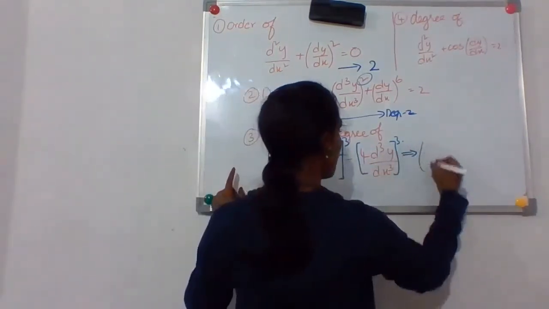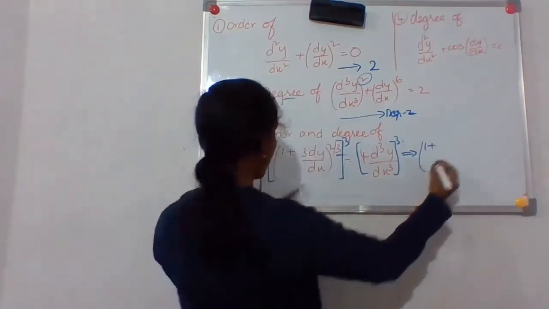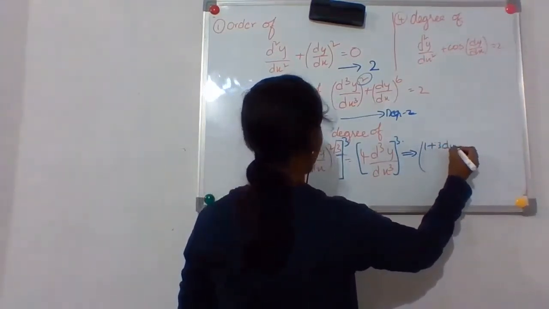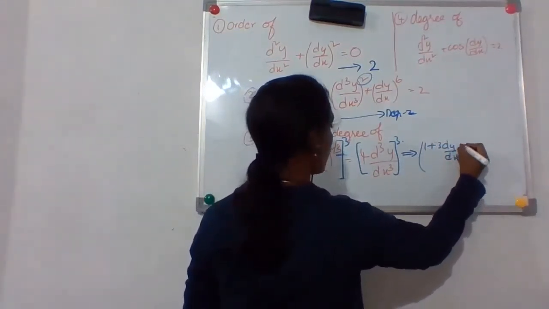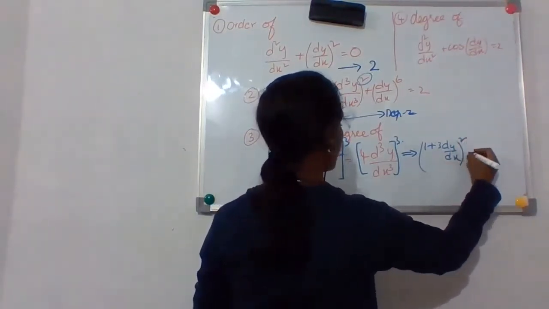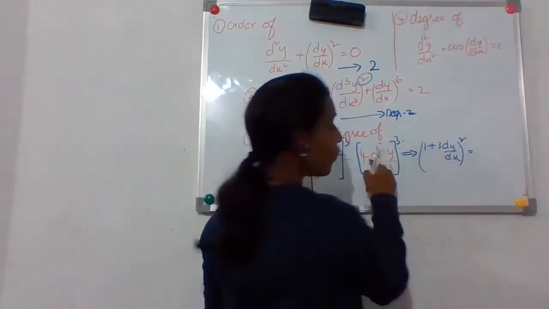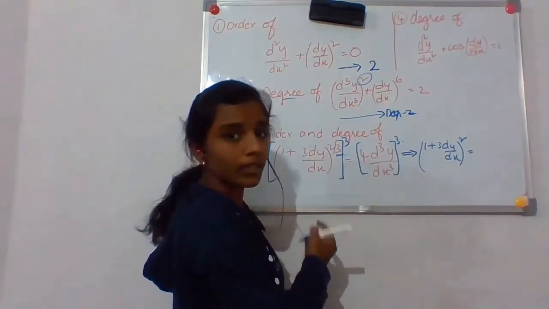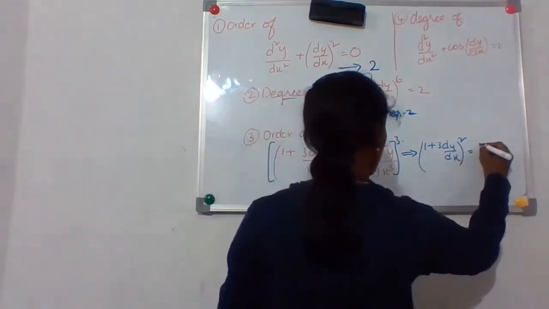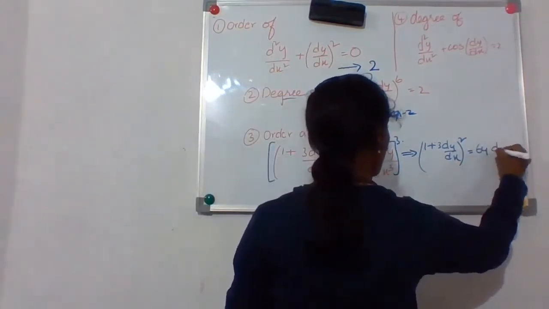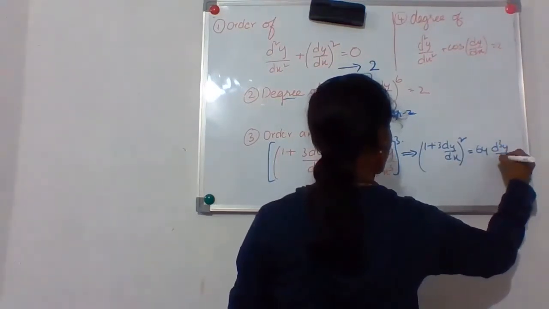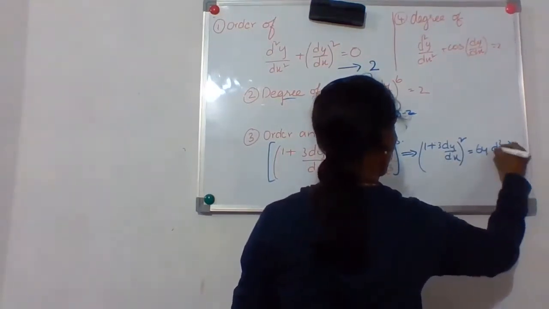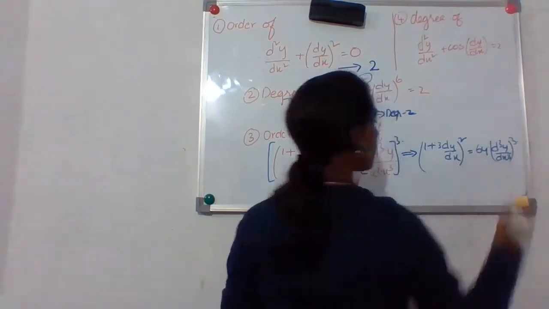So 1 plus 3 dy by dx whole square is equal to 4 cube. What is 4 cube? 64, right? So 64 into d cube y by dx cube whole power 3.